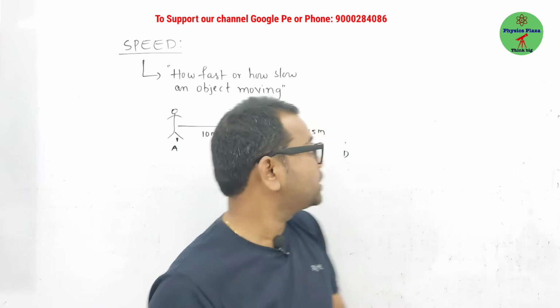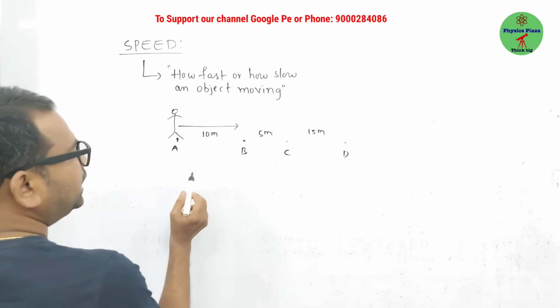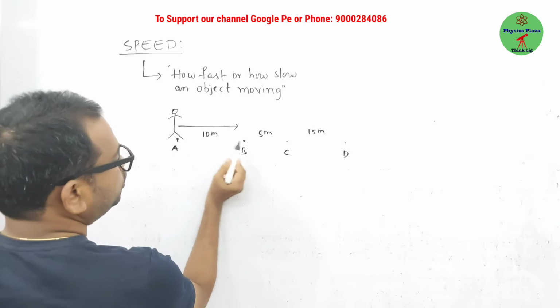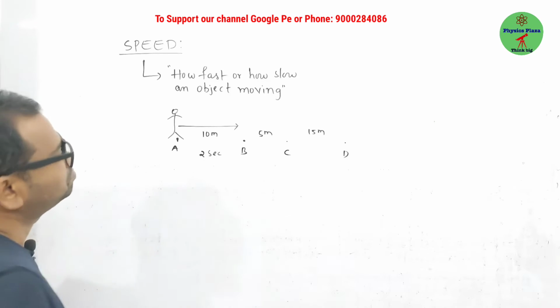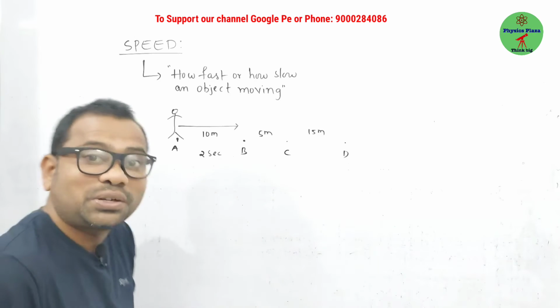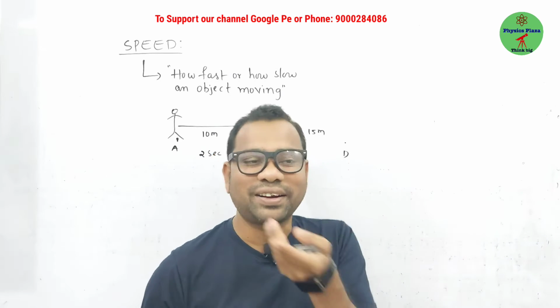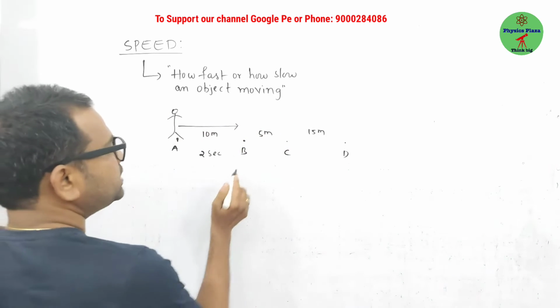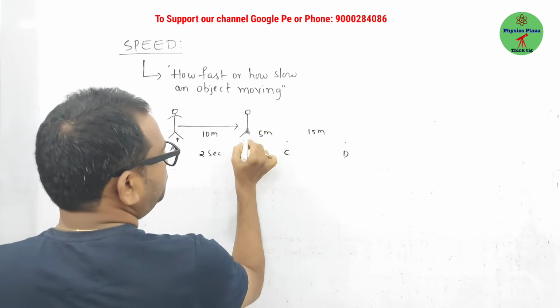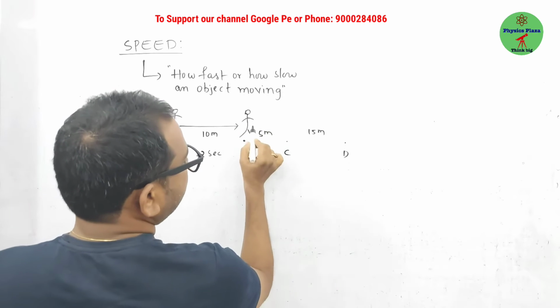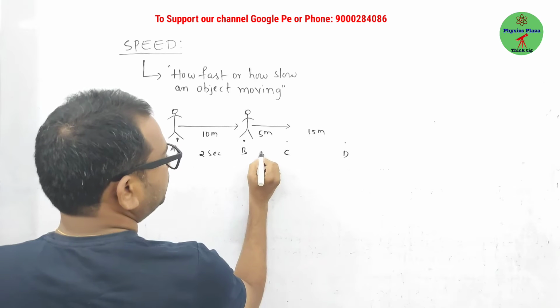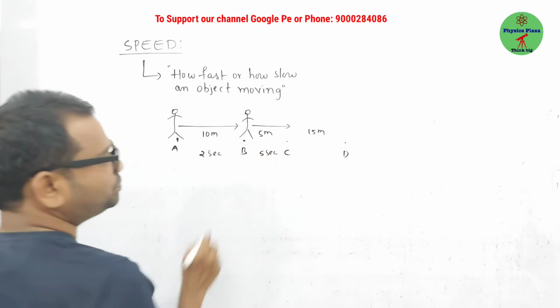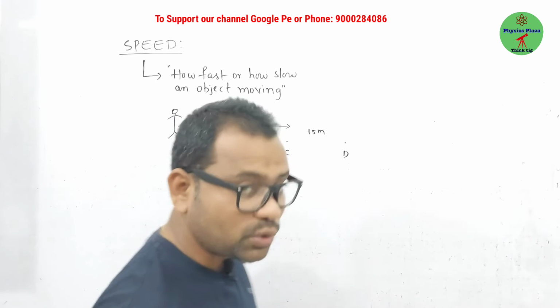But let us say to go from point A to B, he is taking 2 seconds of time. Ten meters in 2 seconds, my God, world record. Whereas to go from point B to C, let us say he is taking 5 seconds. Try to understand.